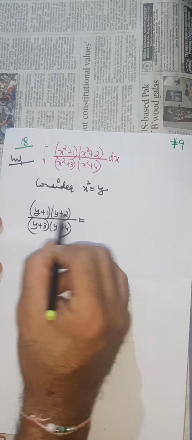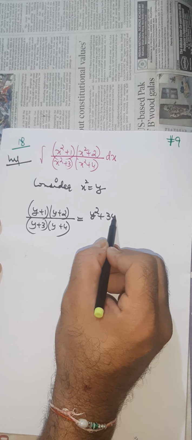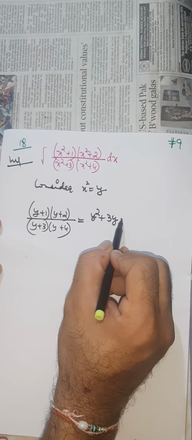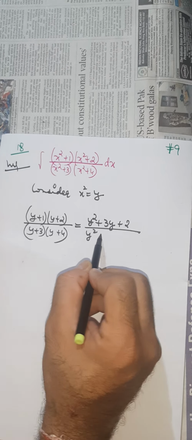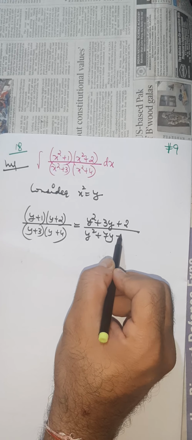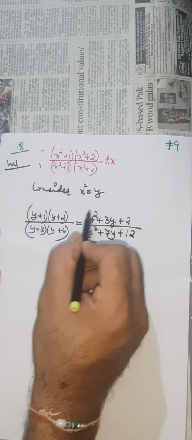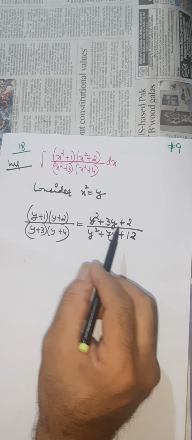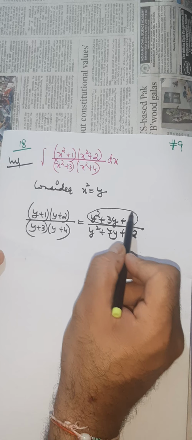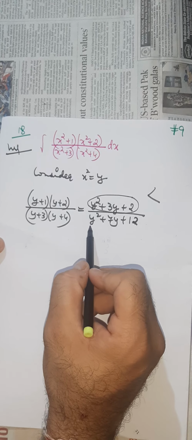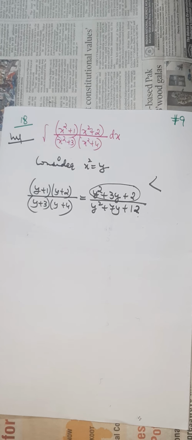If you simplify, this is y² + 3y + 2 upon y² + 7y + 12. Now, can we use the partial fraction method here directly? The answer is no. Powers are same. The degree of the numerator should be less than the degree of the denominator, so it cannot be done directly by partial fraction method.